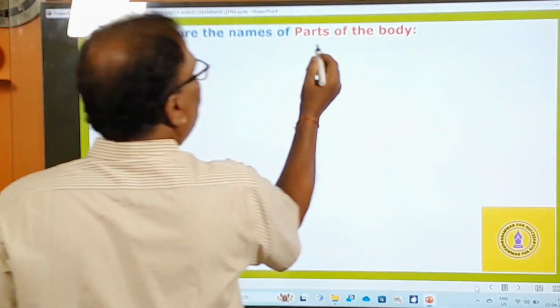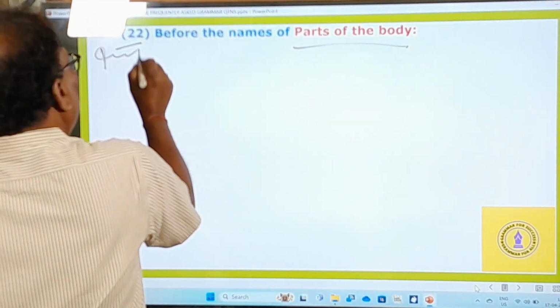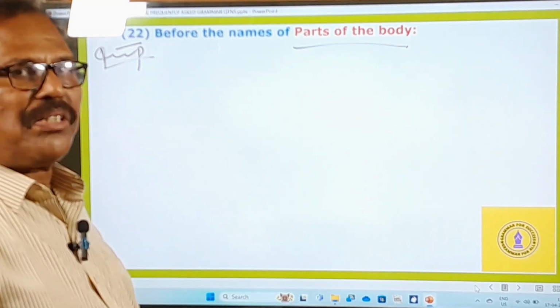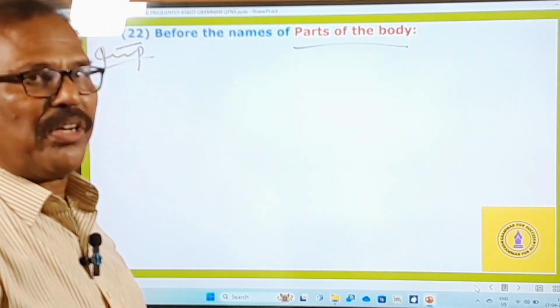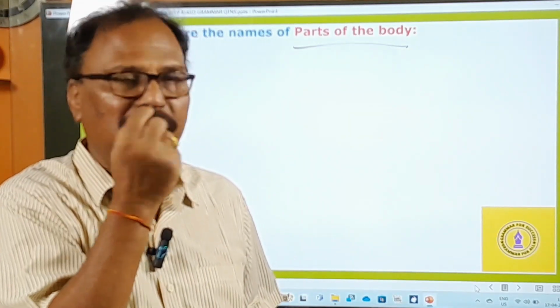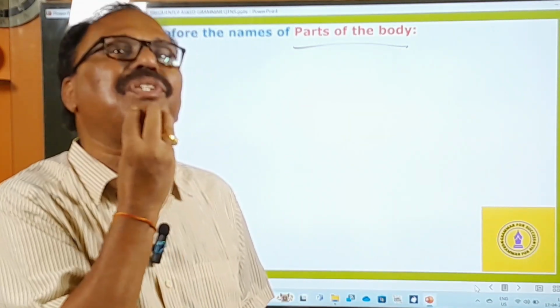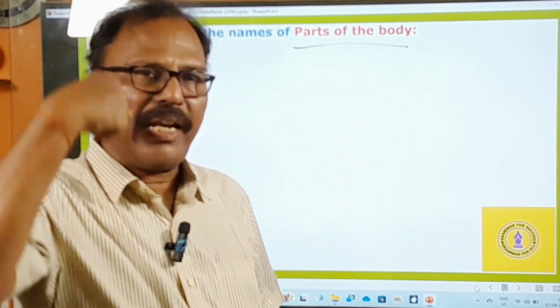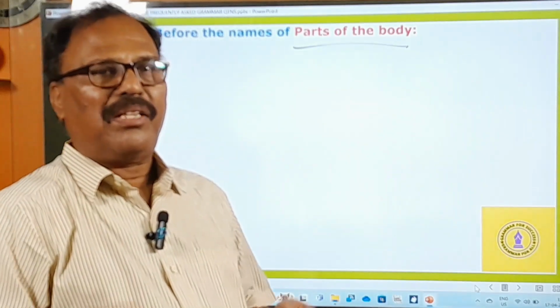22nd one, before the names of parts of the body, very important. Most of the people do not use the definite article before the names of the parts of the body. So here, the forehead, the face, the nose, the ears, the chin, the temple, many parts, the right hand, the left hand, the shoulders.